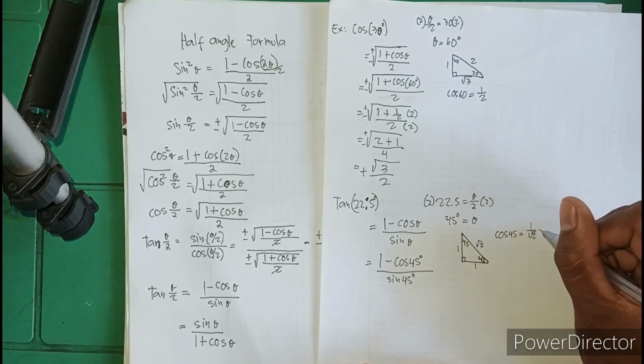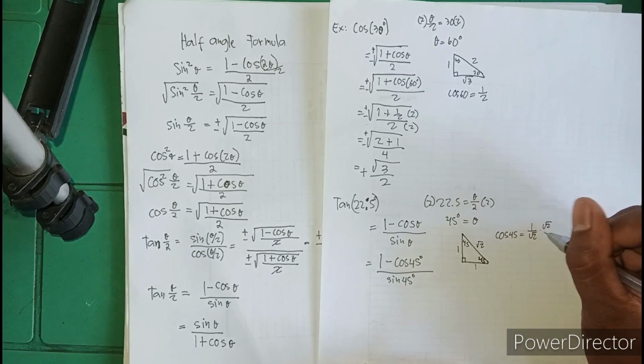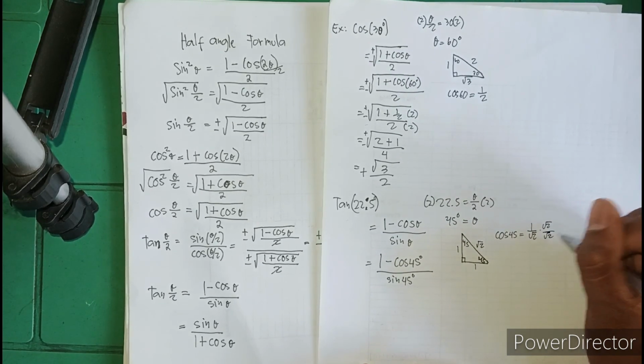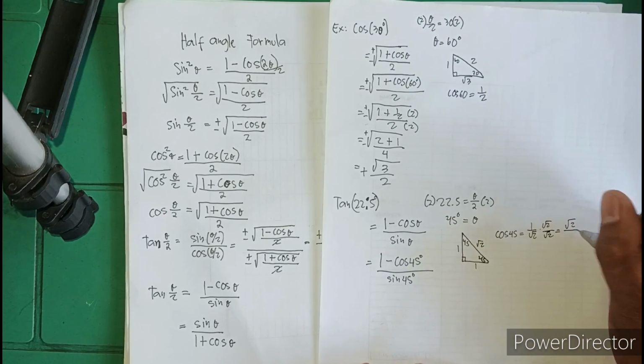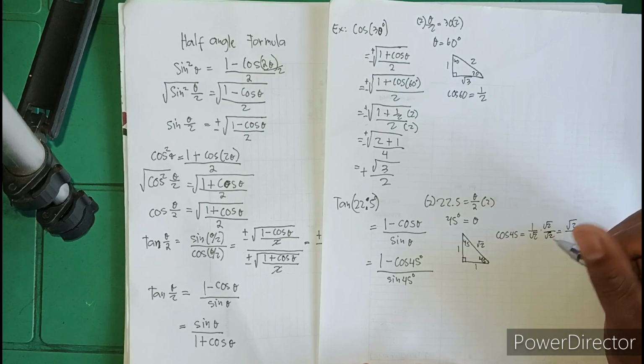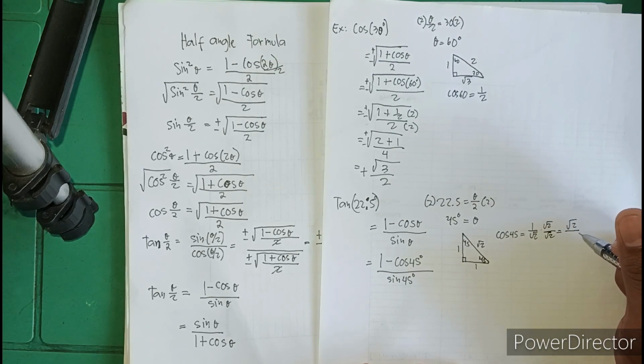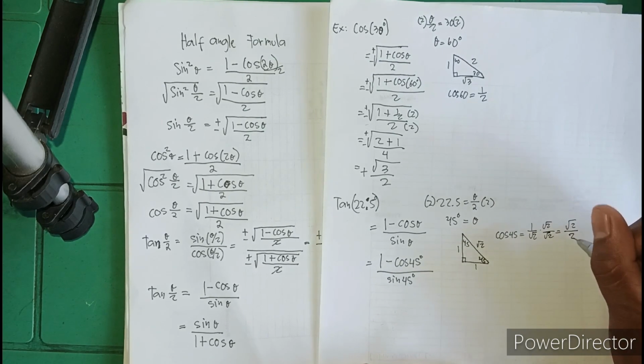So multiply by square root of 2, which will give us square root of 2 over 2, since square root of 2 times square root of 2 is 4, and the square root of 4 is 2.